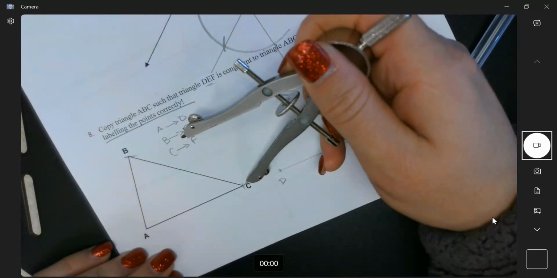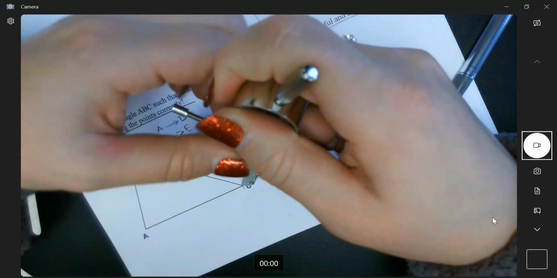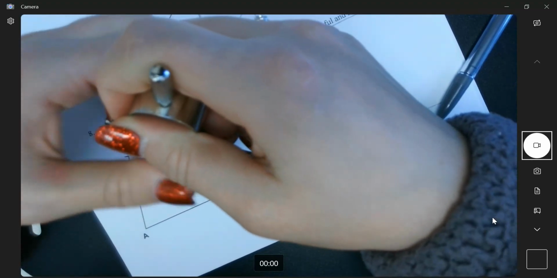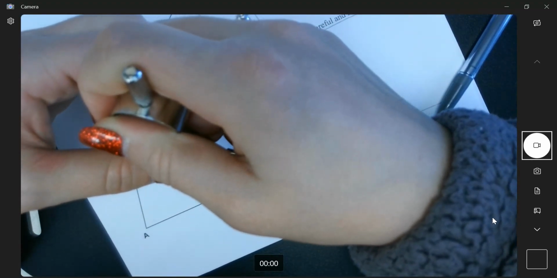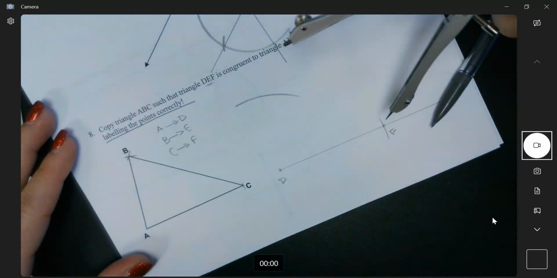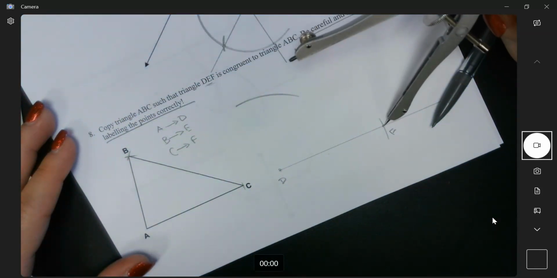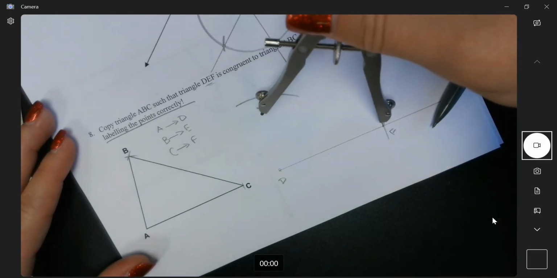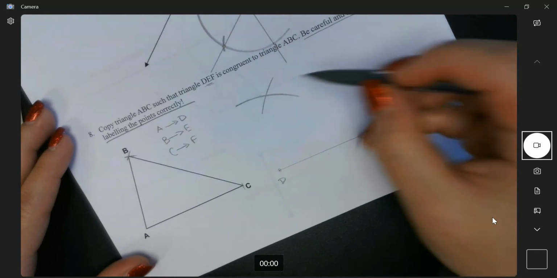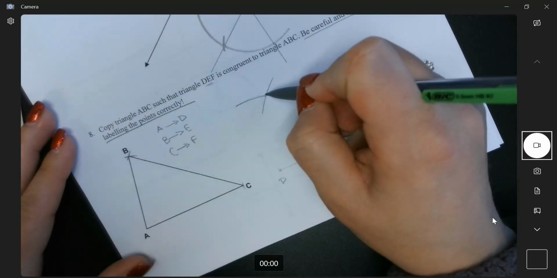So stretch it to be the length of BC. There you go. Then shift it over, place the point of your compass on F, and make an arc that crosses over the one we just drew, and mark that intersection point.